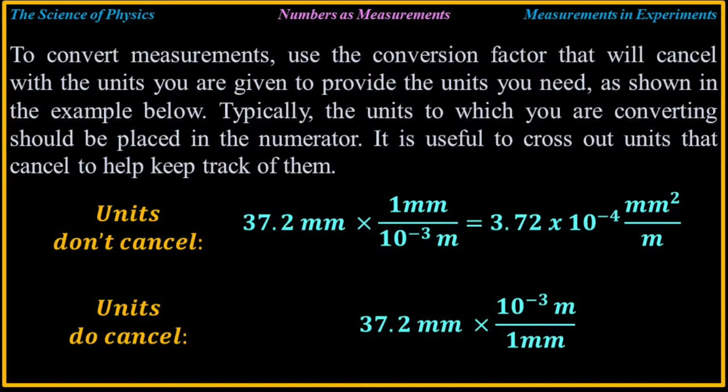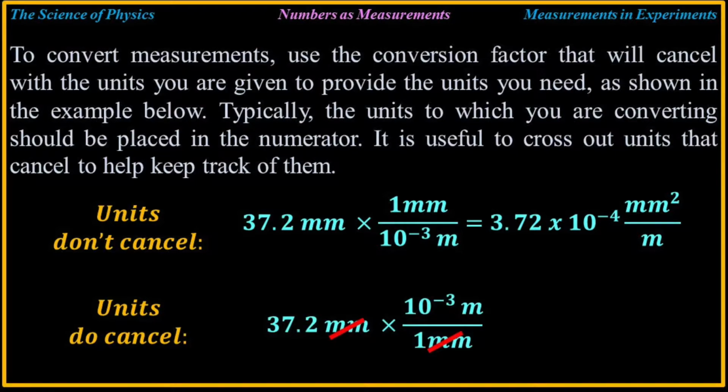So now the millimeters obviously will cancel, and you'll be left with meters. You see how the millimeters cancel, and you're left with meters. And the answer is 3.72 times 10 to the second meters. All right, let's continue.